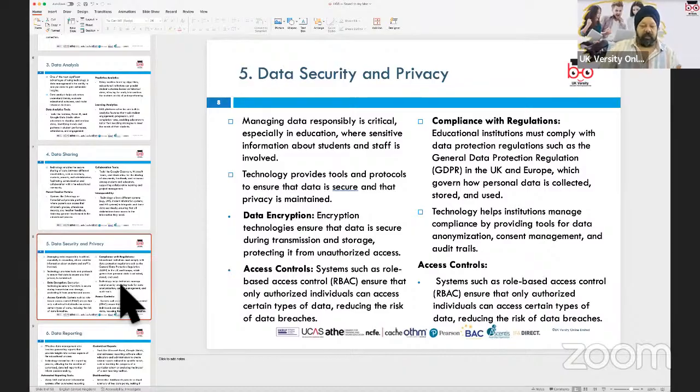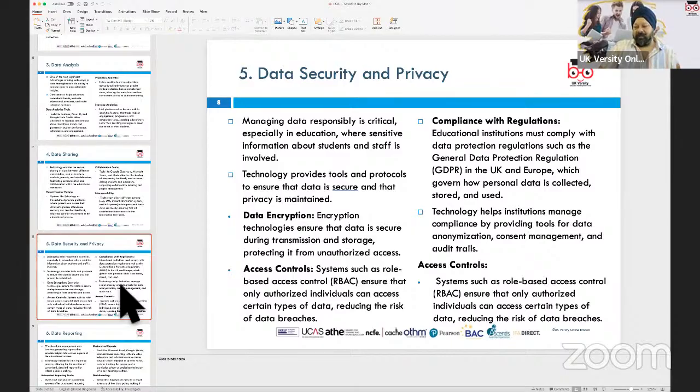So when data is stored using technology, the data could be encrypted. There could be access controls, called role-based access roles. So you have quality managers, tutors, assessors, external examiners, and the board, and they all have different access rights to that data.